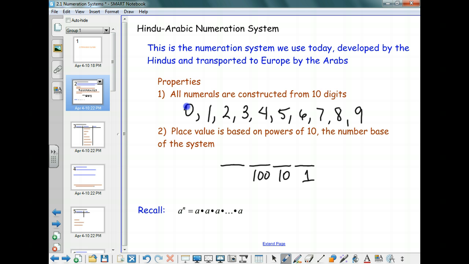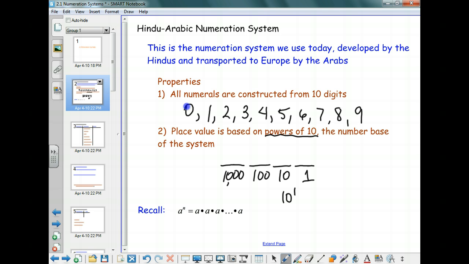One more would be called the thousands place, and we could keep going to the left as far as we need to go. So these are our different powers of 10, and it's a base 10. Each one of these can be written as 10 raised to a power. So this one would be 10 raised to the 1.